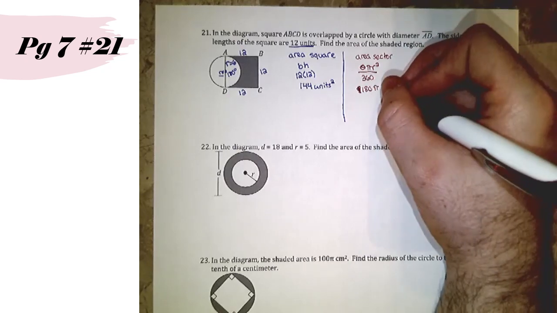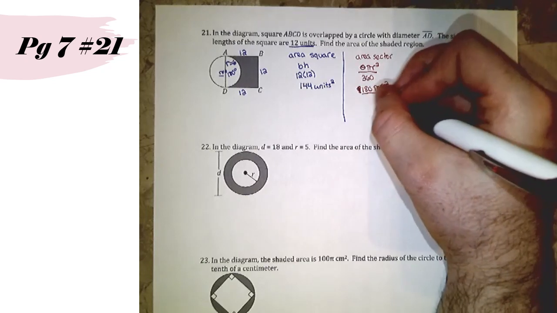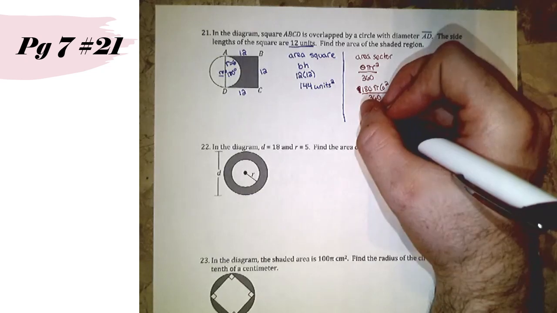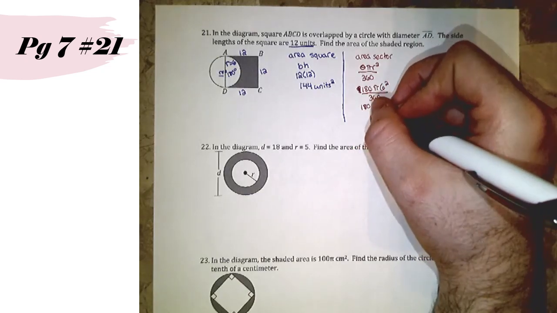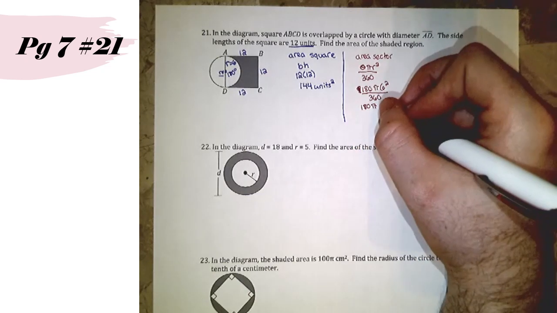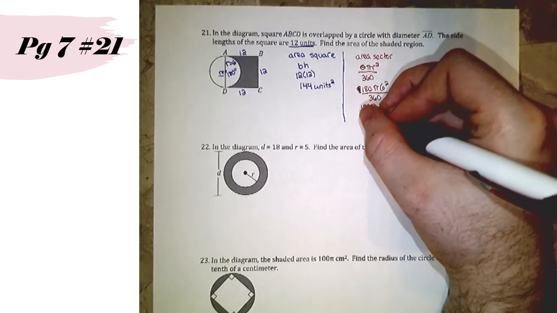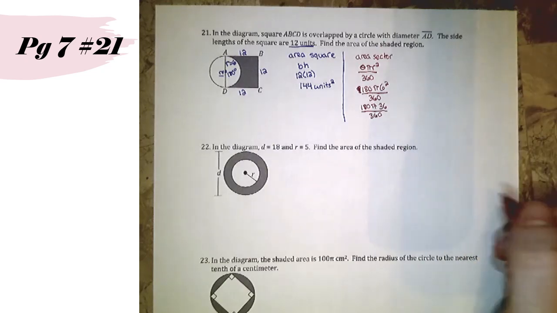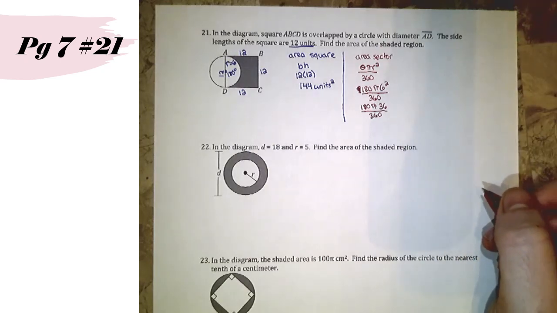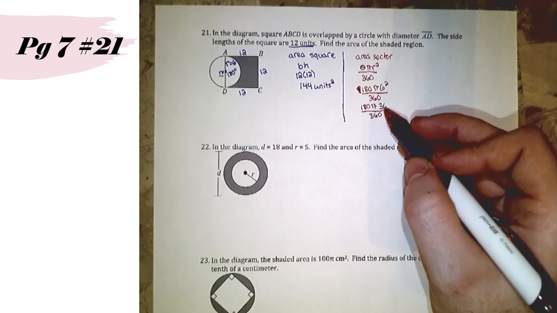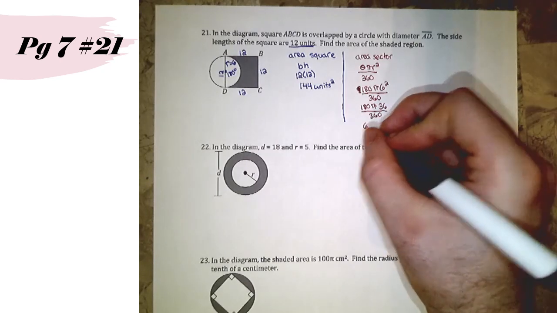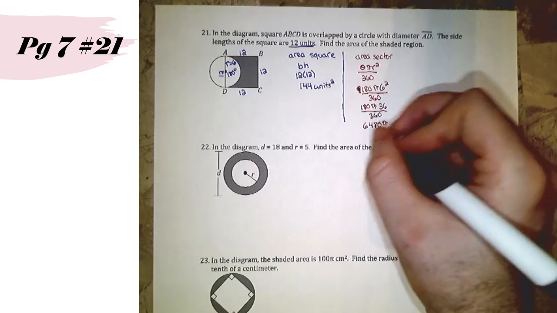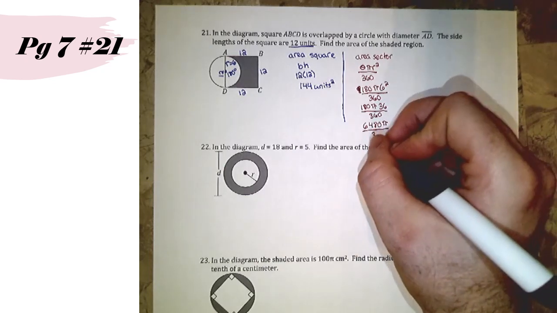And the radius we found to be 6, so times 6 squared all over 360. So I would have 180 times pi times 36, because that's what 6 squared is, all over 360. When I multiply 180 and 36, I get 6,480 pi all over 360.